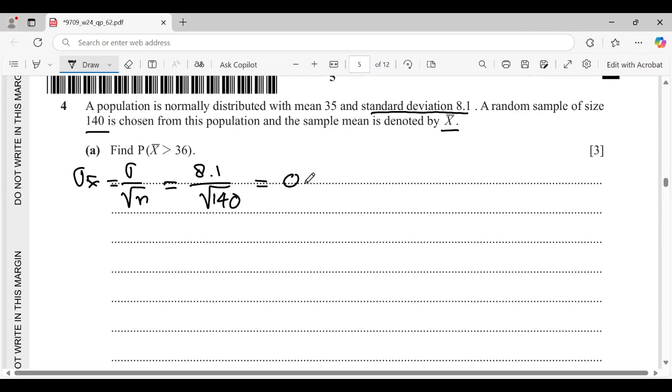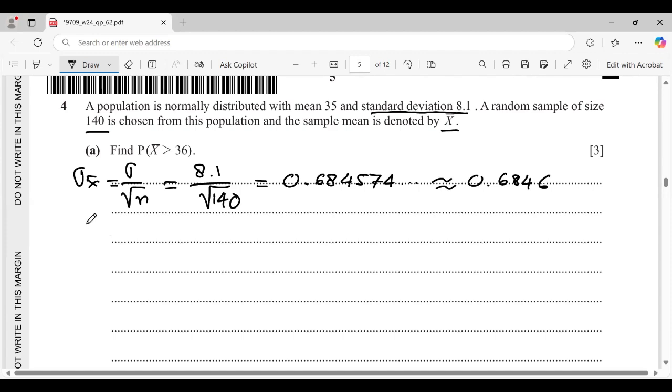If you calculate, the result is 0.684574, rounded off 0.6846. After that, convert to the Z score.